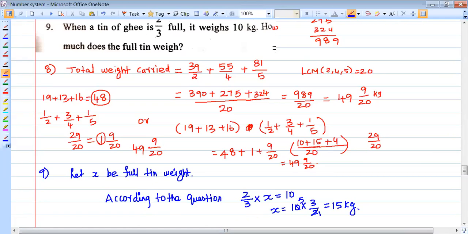Very good. S1 sent the right answer. Kanish sent the right answer. Aditya Kumar also sent the correct answer. Very good. So now it's time to discuss question number 10.